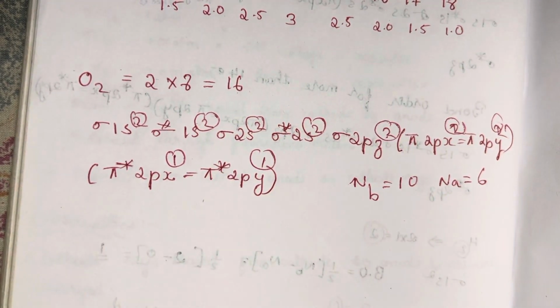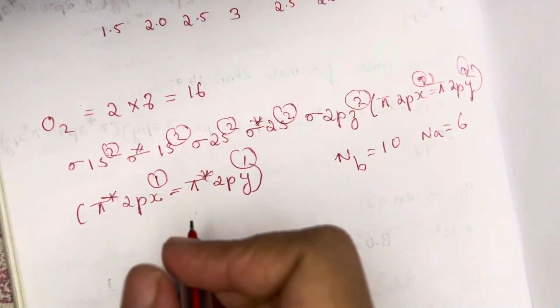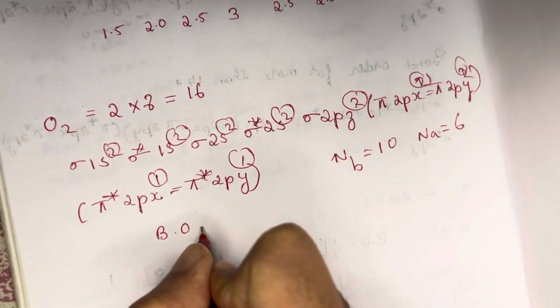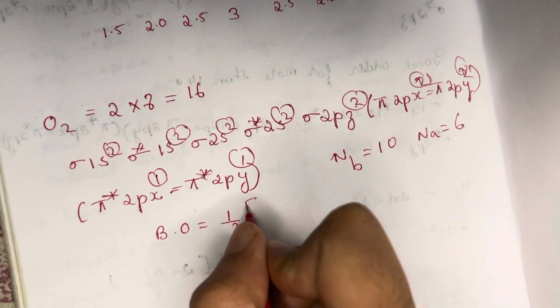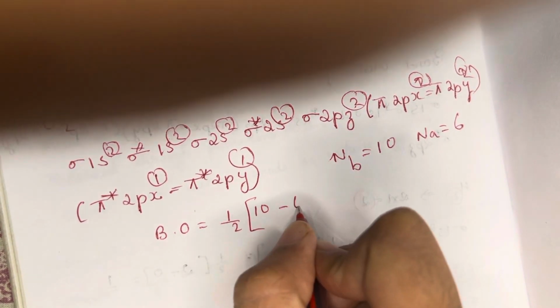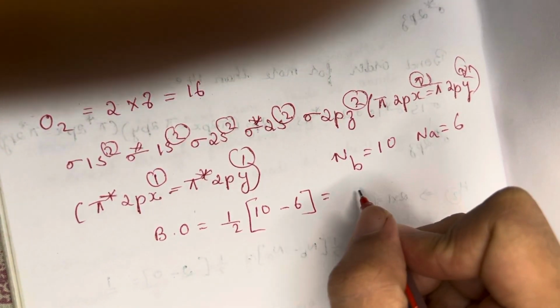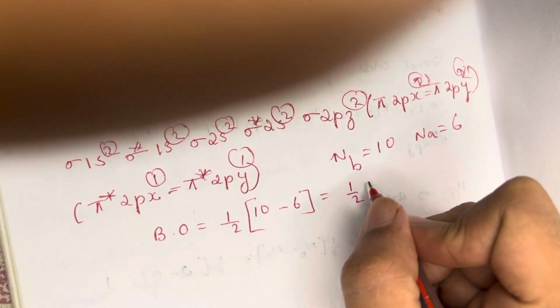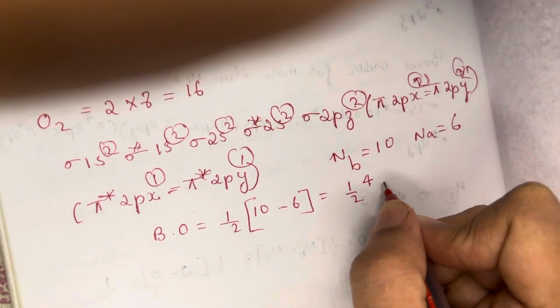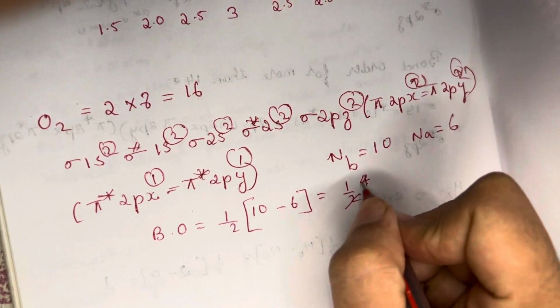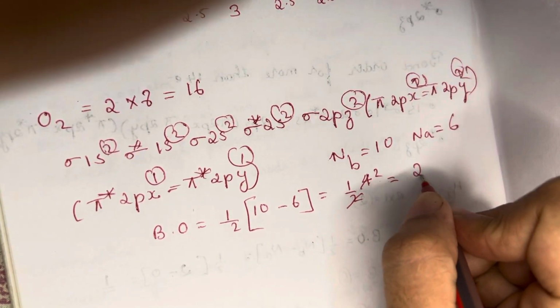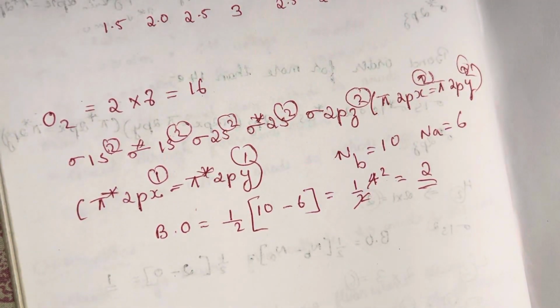So bond order is equal to half into Nb is 10, 10 minus 6, Na is 6. So 10 minus 6, you know it is 4, right? So half into 4 is equal to 2. So the bond order you will be getting is equal to 2.